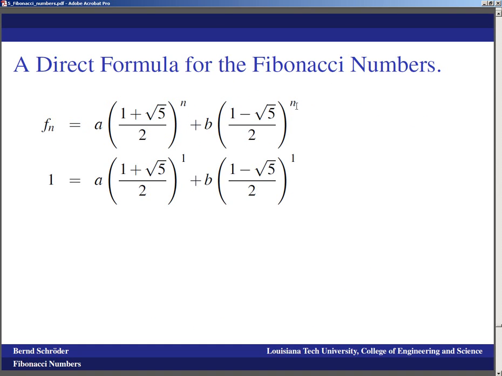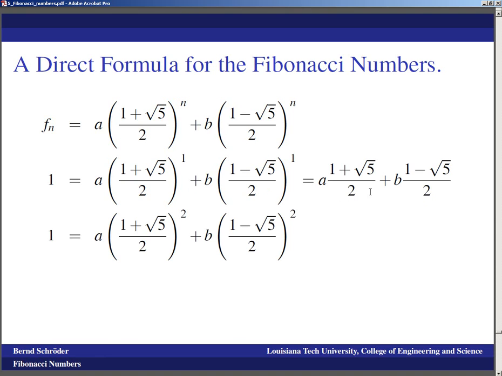And then I just work out what happens when n is equal to 1. Well, when n is equal to 1, I get a times (1 plus root 5) over 2 plus b times (1 minus root 5) over 2, which is just that. And when n is equal to 2, I get 1 is equal to a times ((1 plus root 5) over 2) squared plus b times ((1 minus root 5) over 2) squared. And what do I get there?